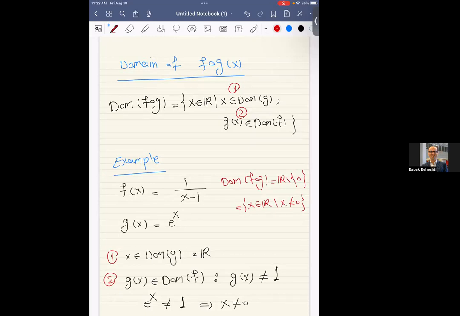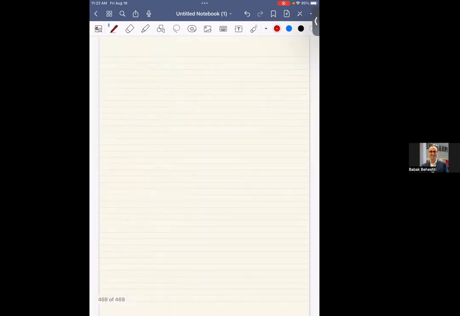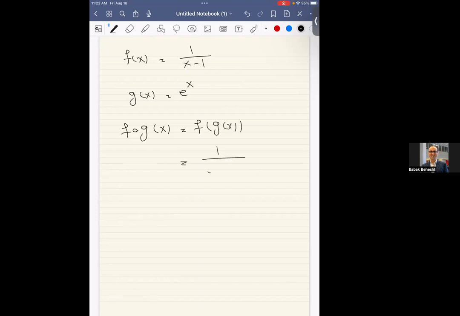And maybe a better way to see this is just to write the equation for FOG. So remember that f of x is 1 over x minus 1, right? And g of x is e to the power x. So FOG of x is just f of g of x, which is equal to 1 over e to the power x minus 1.